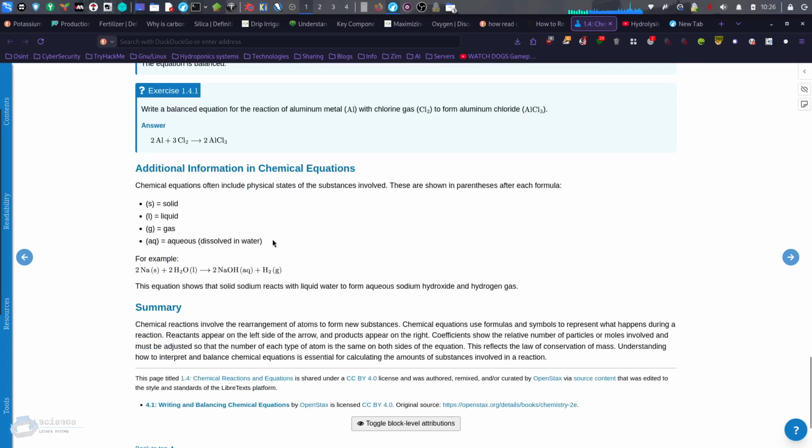Additional information in chemical equations. Chemical equations often include physical states of the substances involved. They are shown in parentheses after each formula. Solid (s), liquid (l), gas (g), aqueous (aq), dissolved in water.